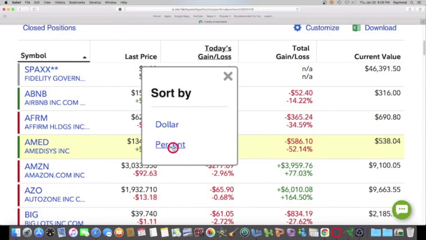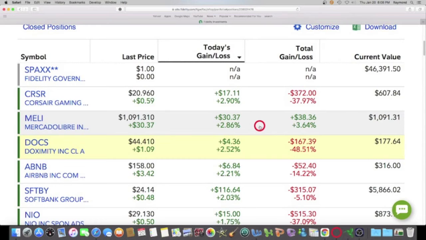So I'm going to sort by percentage. And my best performing stock is right here. This is the highest percentage, 2.9%. Today I made $17.11. And the name of the company is Corsair Gaming, stock ticker CRSR.